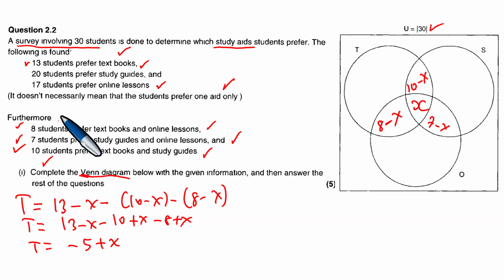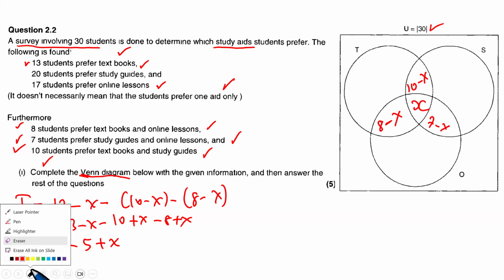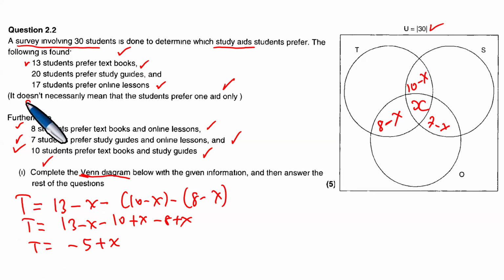But we're not done yet. We know very well that those students who prefer study guides love study guides a lot. Let us deal with those and compute quickly. There are 20 study guides.